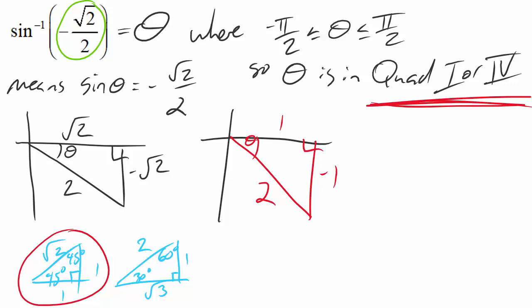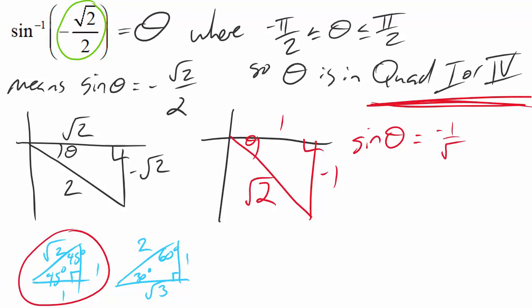We use this as our reference for theta. We can see that sine of theta is equal to negative 1 over, whoops, that should be square root of 2, not just the number 2. It's negative 1 over the square root of 2, which if we were to rationalize, we would multiply top and bottom both by square root of 2, so that's where this negative radical 2 over 2 is coming from for our answer for sine theta.